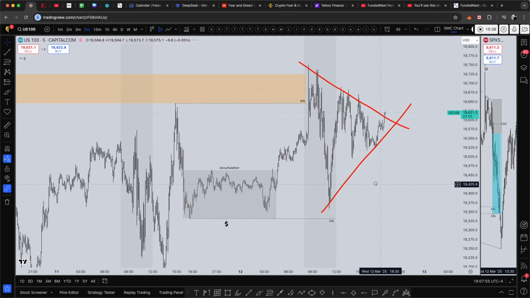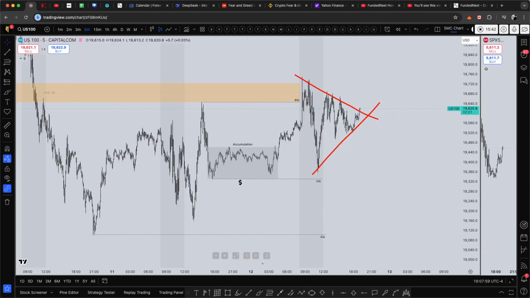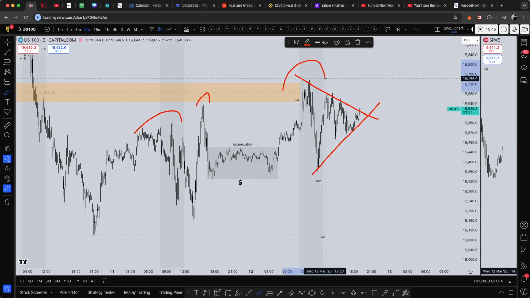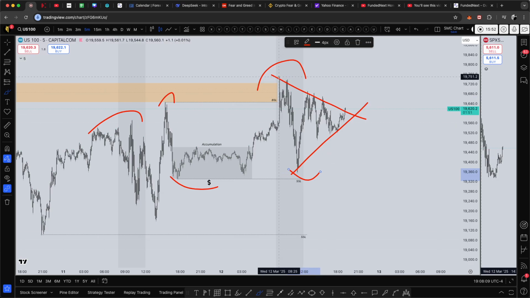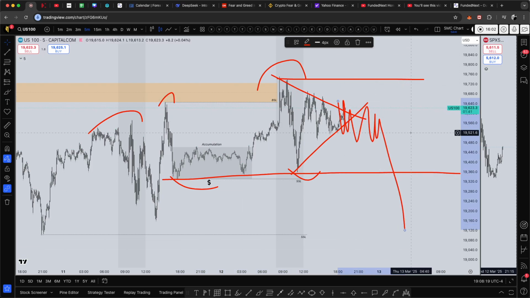Little triangle here. So depending on what's going to happen tonight, we are creating a high, high, high, right? We did not take this low. At this point, we're still within this range. I want to see what's going to happen right in here tonight, because I think we're still going to fail.